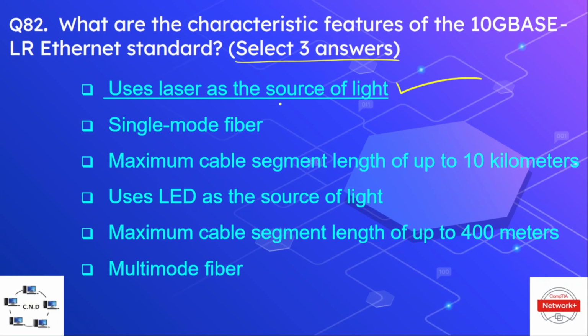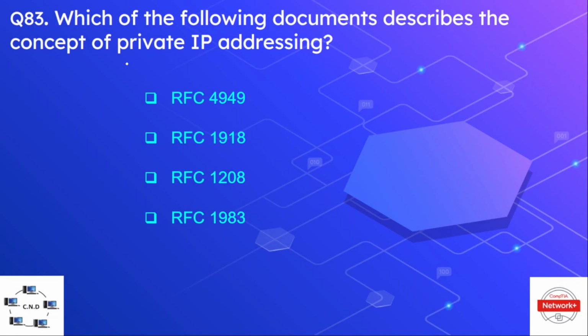This is the first correct answer, and that it is a single mode fiber standard, and the third correct answer is since it is single mode, its maximum cable segment length is up to 10 km. So single mode has more range or distance as compared to multi-mode.